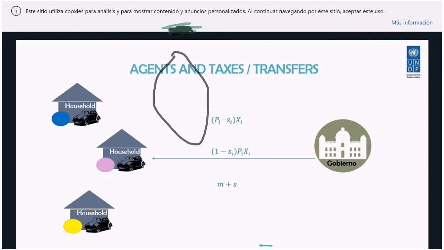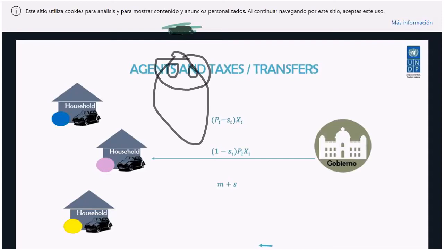So, for instance, this first equation, let's think about it as a subsidy, where X is the quantity consumed by the household of a specific good or service. Let's say electricity, so the amount of electricity consumed by the household. P is the price, and S is the subsidy.